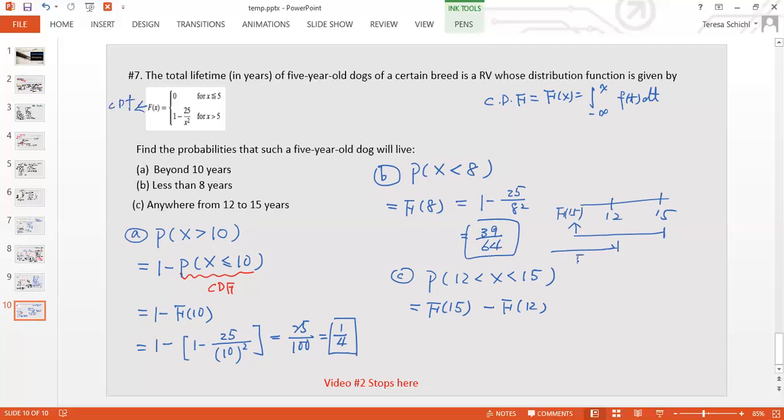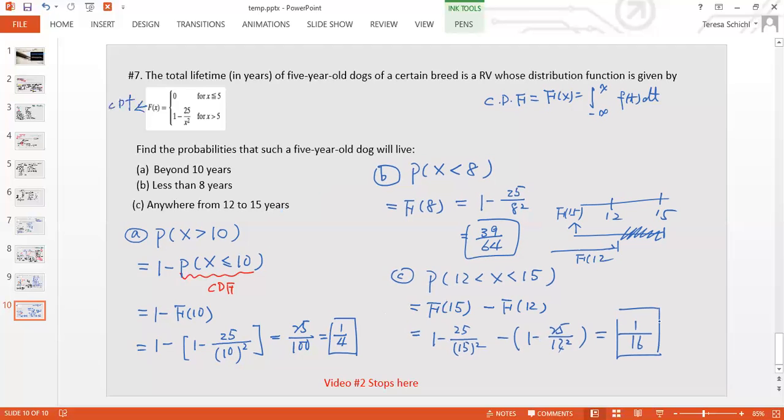So you subtract, and you will get this one. That's why we subtract. Then you just plug into your CDF formula. So this is 1 minus 25 over 15 to the square, then minus 1 minus 25 over 12 to the square, right? So you will get the answer if you use your calculator or do it manually, you will get 1 over 16. And that's it.